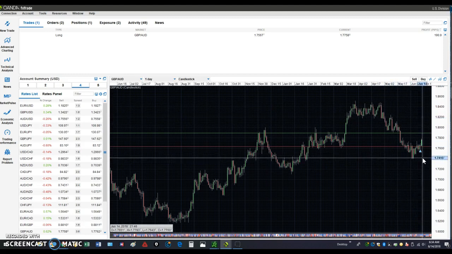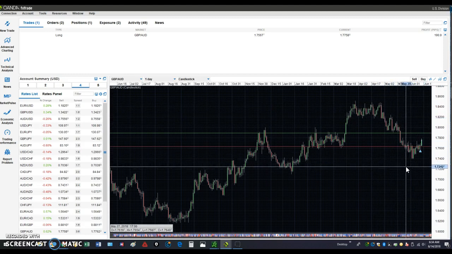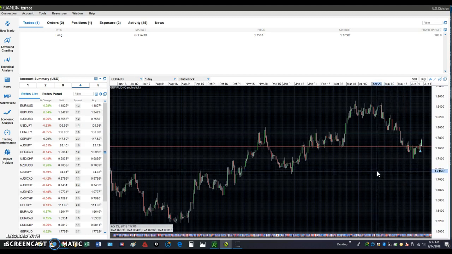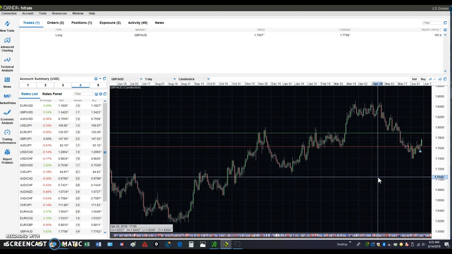Just this move here is technically like a downtrend, so it may come back. Who knows? I don't know. But that's a pretty decent area to take the rest of my position off. So if we can push up, great. If not, great too. It was a profitable trade either way.